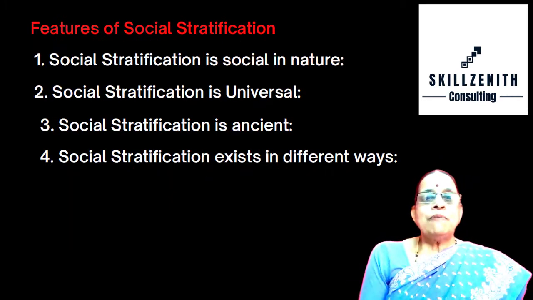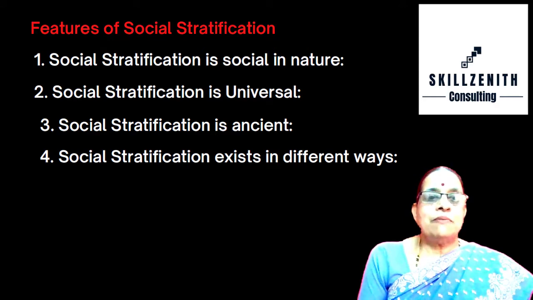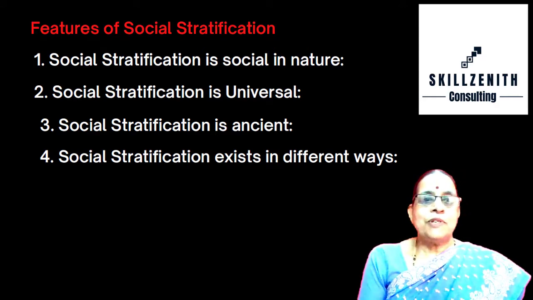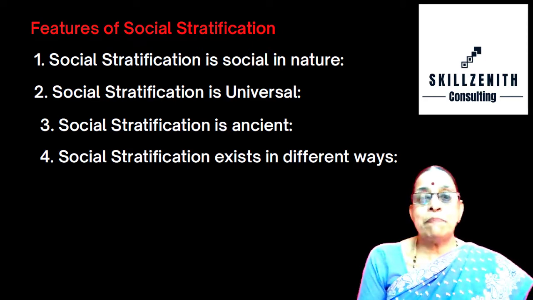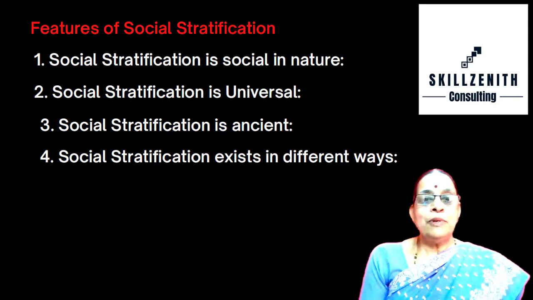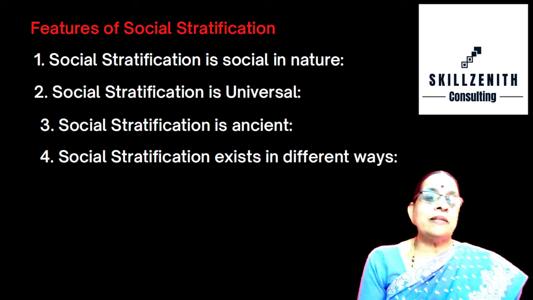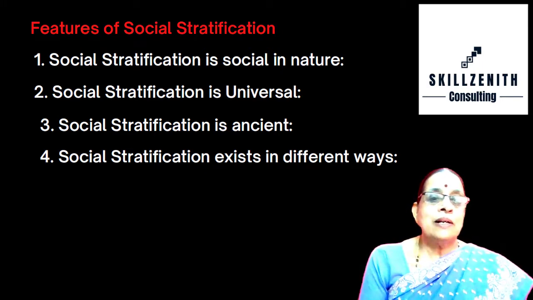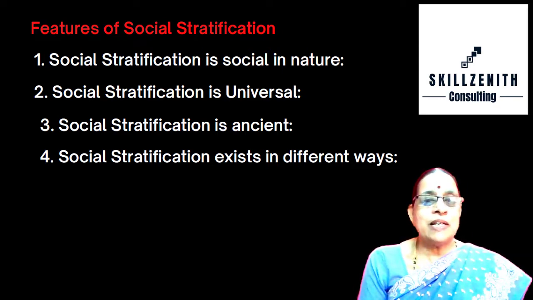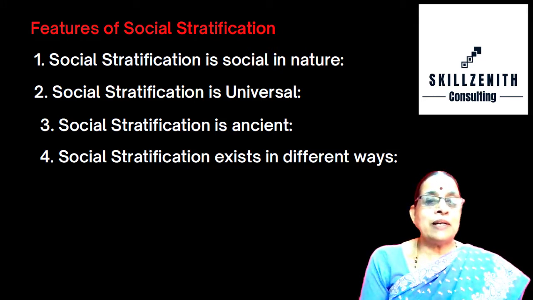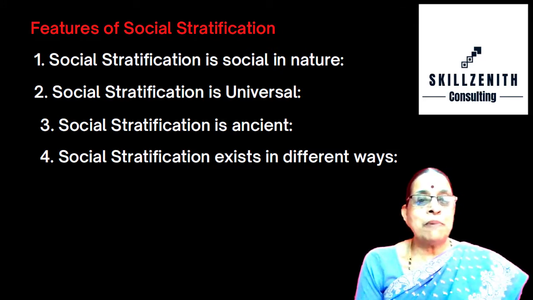Now, what are the features of social stratification? What are the characteristics? First one, social stratification is social in nature. ಸಾಮಾಜಿಕವಾದ ಬದಲಾವಣೆ which happens in the society, social in nature. Social stratification is universal, and it exists everywhere in the universe. ಎಲ್ಲ ಕಡೆ, in all parts of the world, this stratification is seen ever since the beginning of the human society up to the modern age.